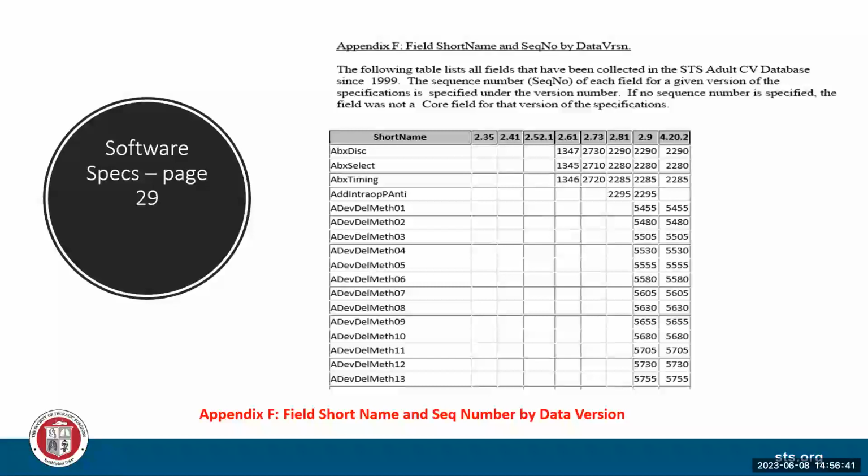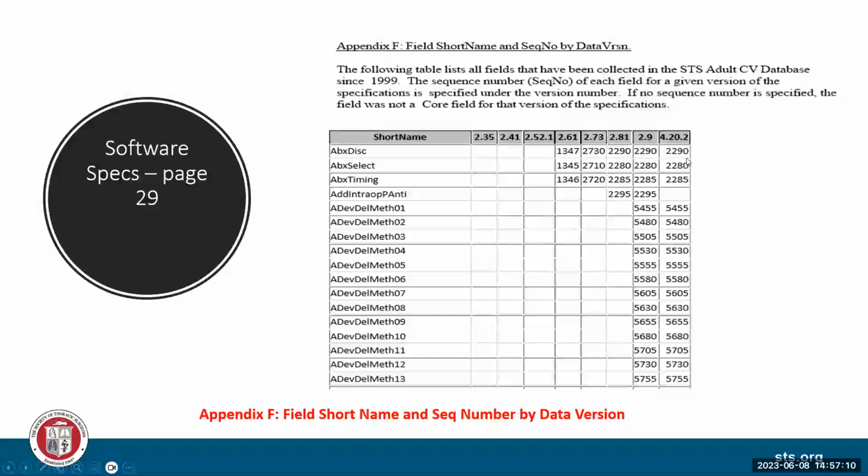Page 29 is really important. For example, this is antibiotic discontinuation. You can see that this field didn't even start until version 2.61, and its sequence number was 1347 in 2.61, but now in 4.2 it's 2290.